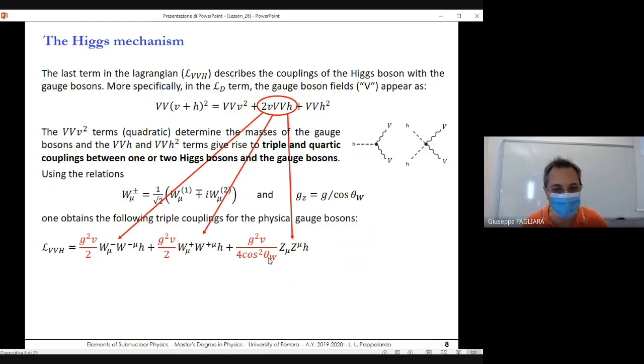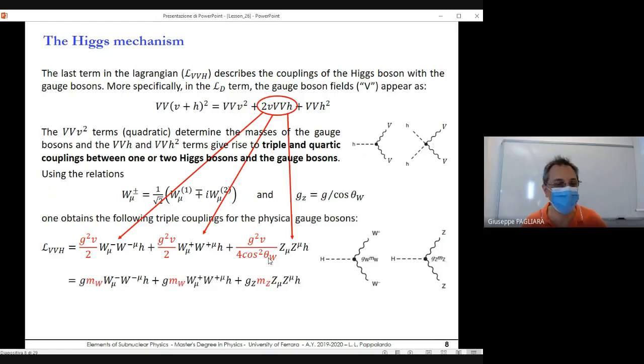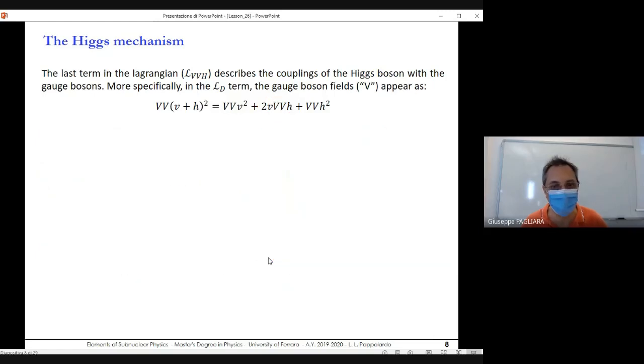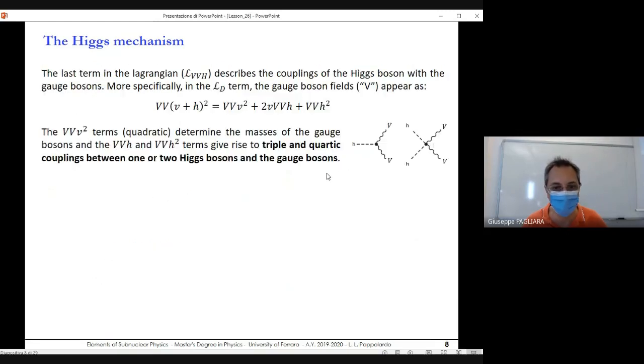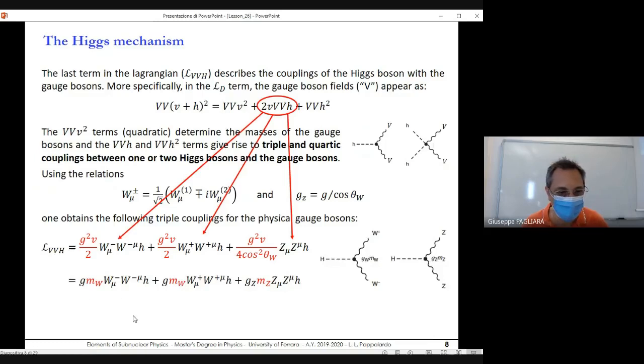But these couplings can now be translated into the masses. You can just go back to this slide here and see that these couplings correspond exactly to the masses times G, the coupling constant. So the first term where the W minus interacts with the Higgs boson is weighted by G and MW. The second term where the W plus interacts with the Higgs boson is weighted by G and the mass of the W again. And the last term where the Z boson interacts with H is given by GZ MZ.